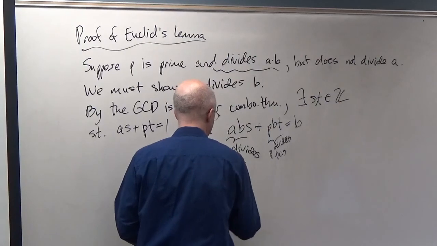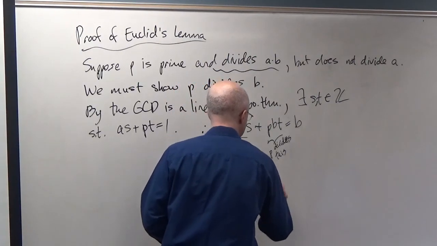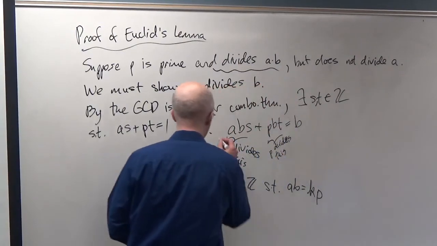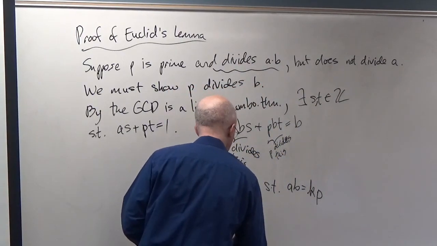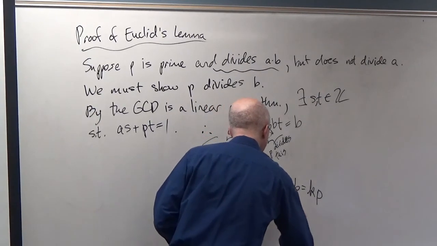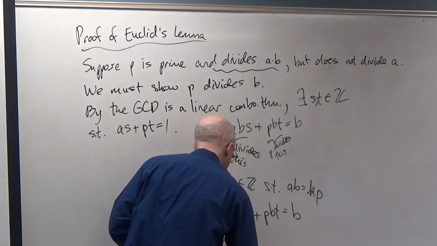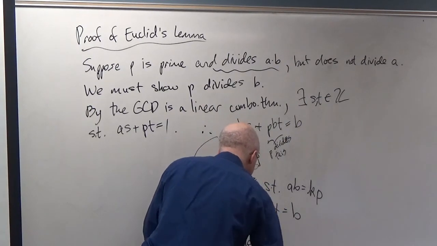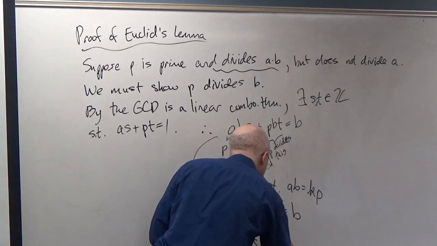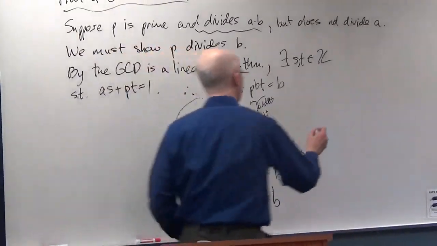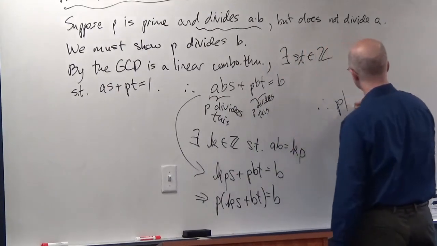There exists, if you like, a K such that A times B equals KP. I can go ahead and substitute that in the equation to write it like this, and I can factor the P out to write it like this. Therefore, P divides B, and that does it.